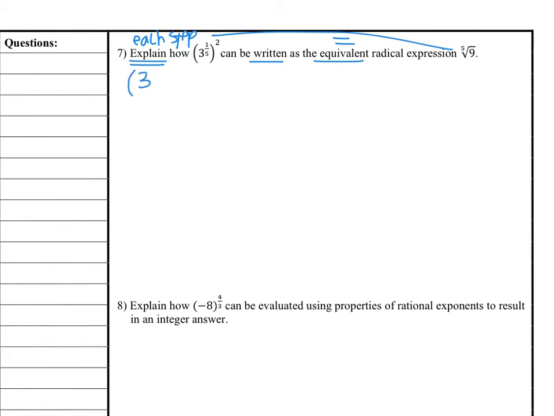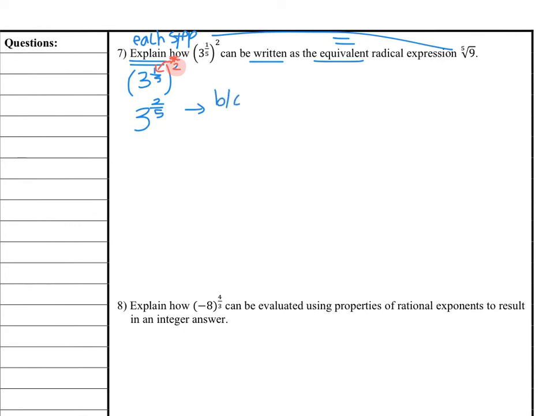So let's just start with the original expression to the second power. Remember what we talked about before, we're going to multiply that times that, multiplication, and we're going to end up with 3 to the 2/5 power. Okay, and because we have an answer that was different from our original, we're going to say because.